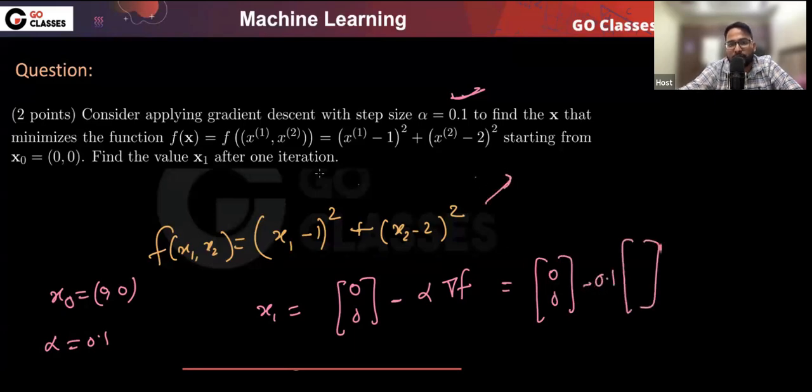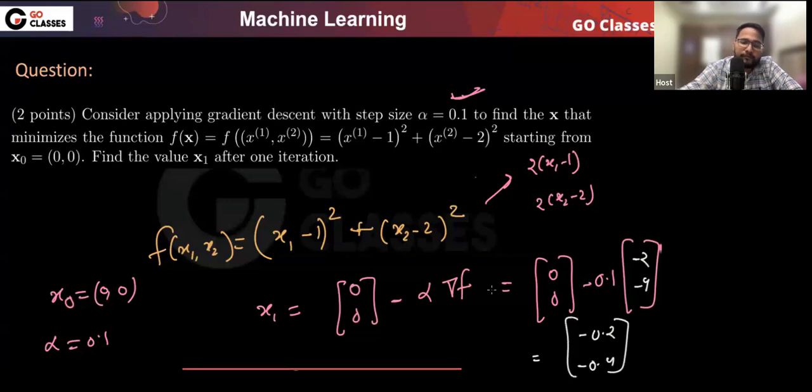So what is the gradient? With respect to x1 and x2, it will be 2x1 minus 2, 2x2 minus 4. So at 0, 0, it will be minus 2, minus 4. So minus 0.2, minus 0.4 is your next point.